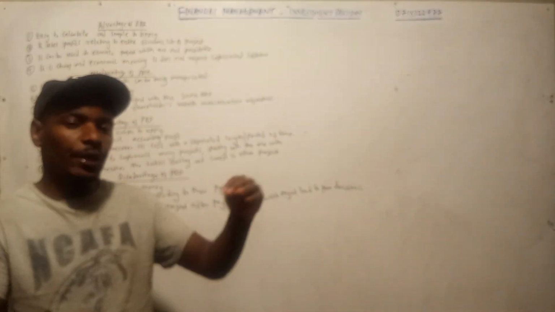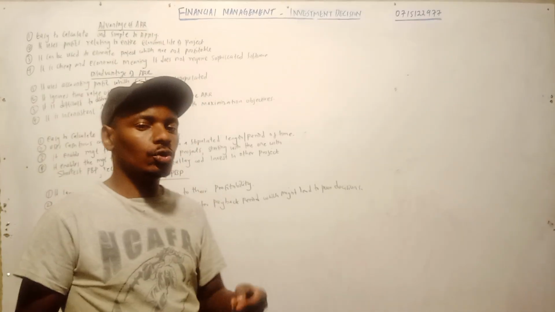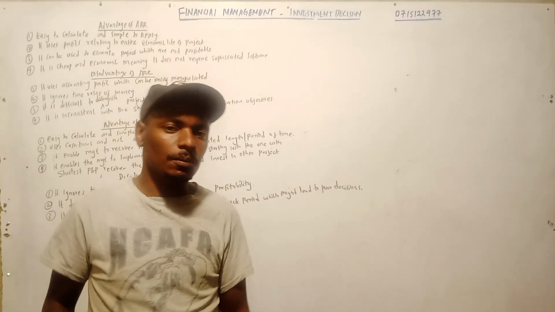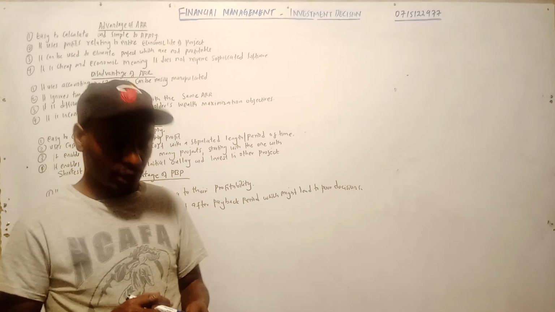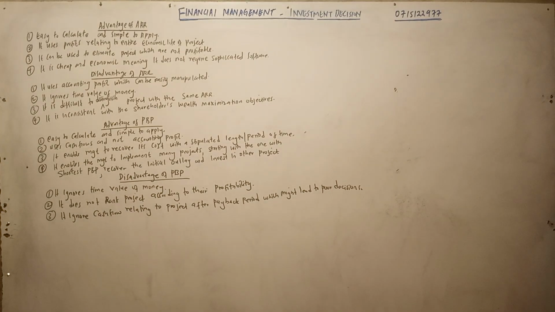So once we recover our cost, this method does not consider the other cash flows that are below. What if those other cash flows make us incur losses in future? It does not consider them, which can be a bad decision.